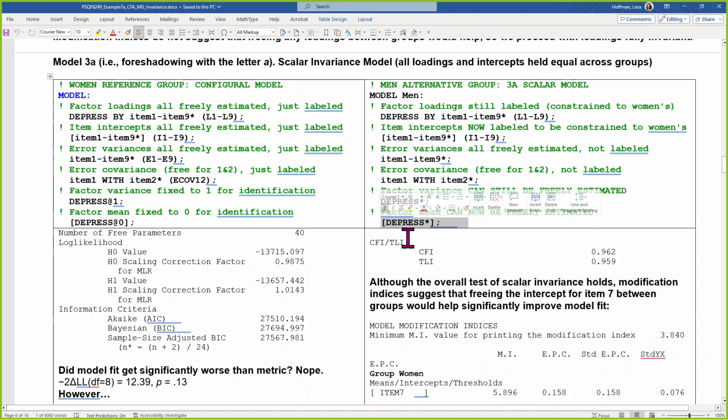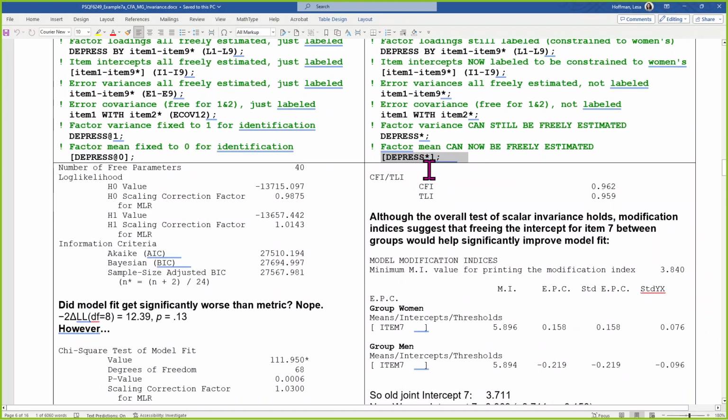Simultaneously then, we free the factor mean in the alternative group, and it stays fixed for identification to 0 in the other group. So at this stage, the factor is on the same scale across your groups. Now you can talk about which group has a higher factor mean, which group has a larger factor variance, and anything related to that.